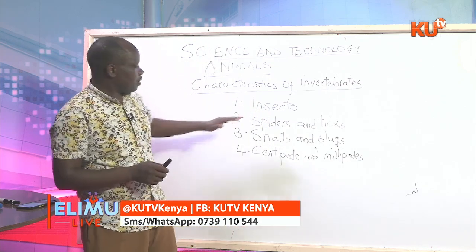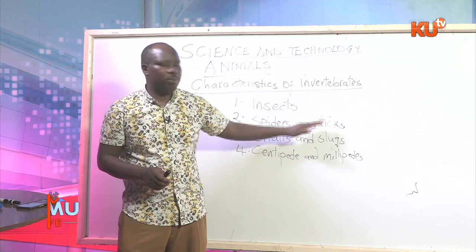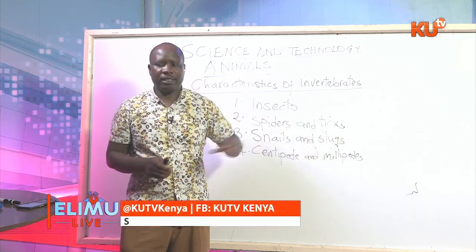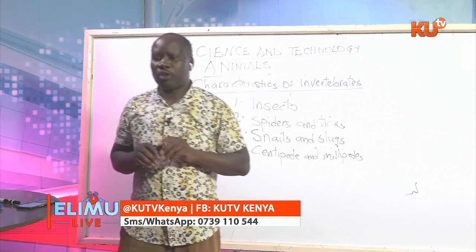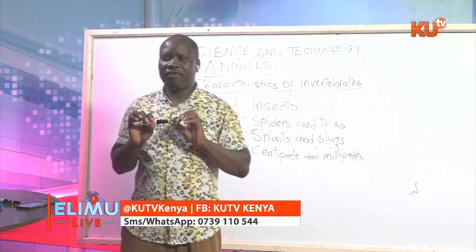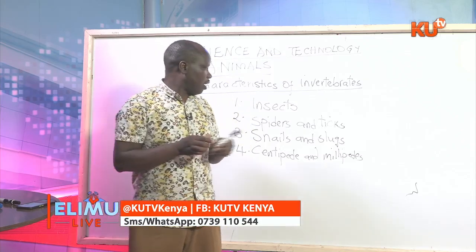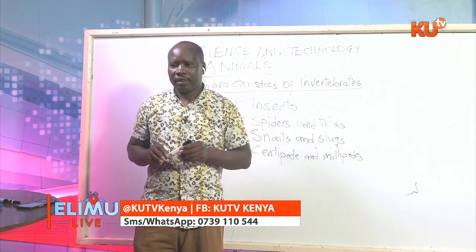So there are things that make these animals be put in their different categories. Now let's look at the first group of animals under invertebrates. These are the ones that are called insects.